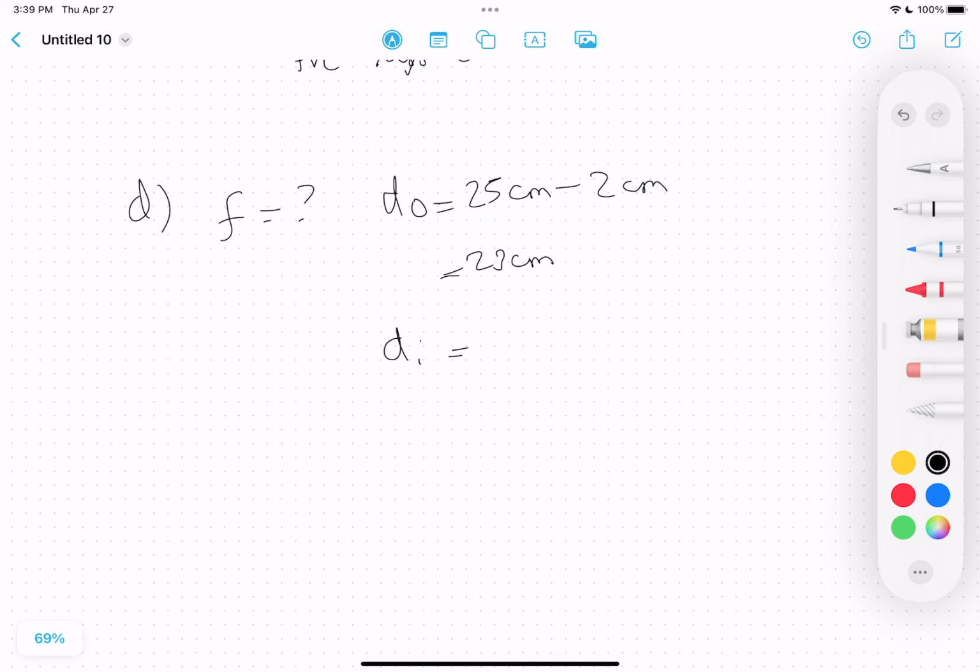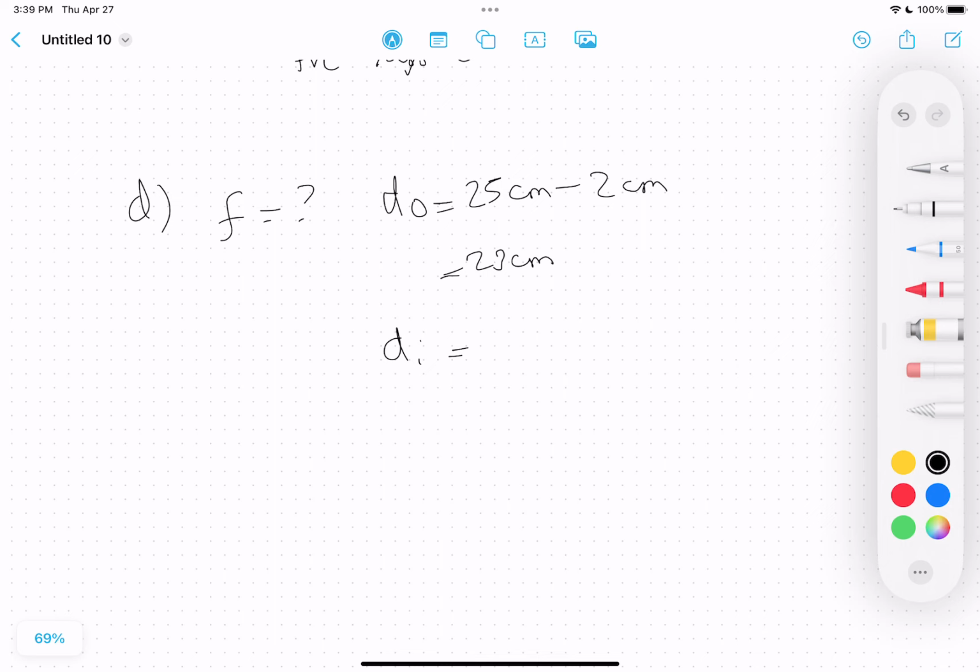So from part A, the near point was 87.4 centimeters. They just want us to reuse that. Now the idea is that it was 87.4 centimeters measured from the eye lens itself. So measured from the glasses, what should it be?